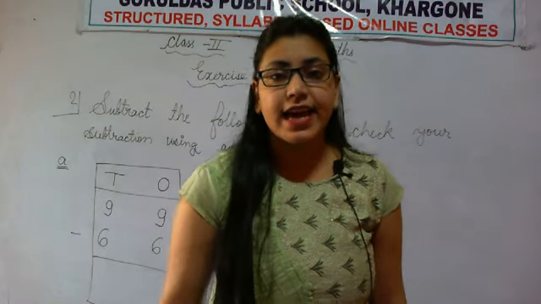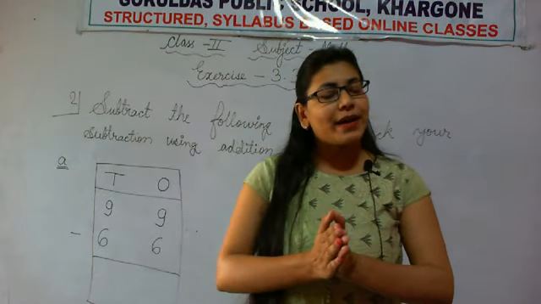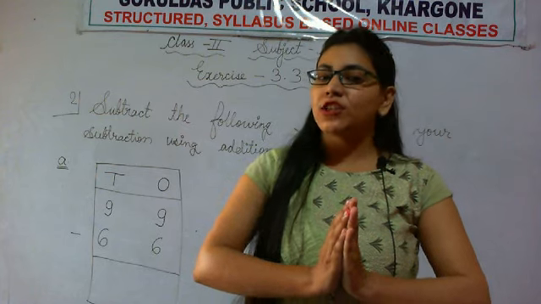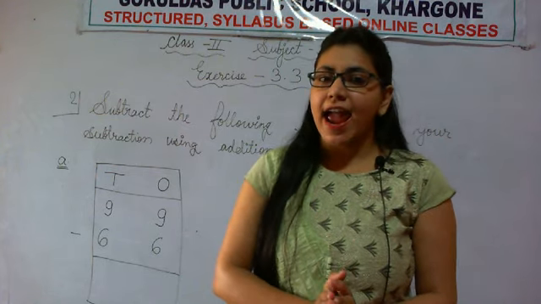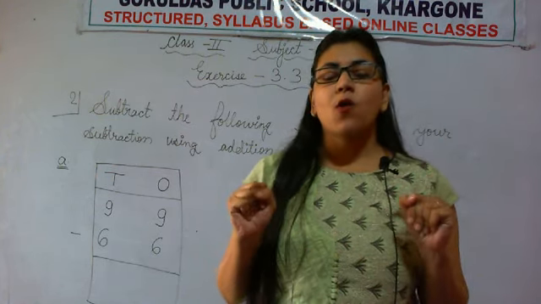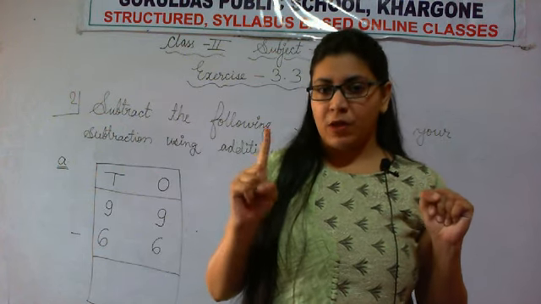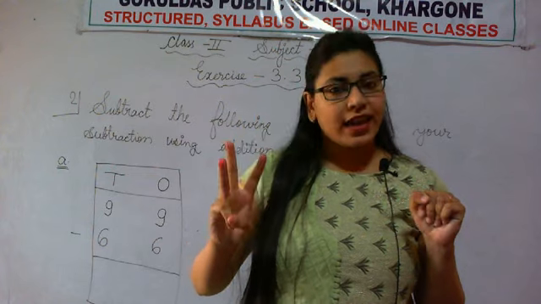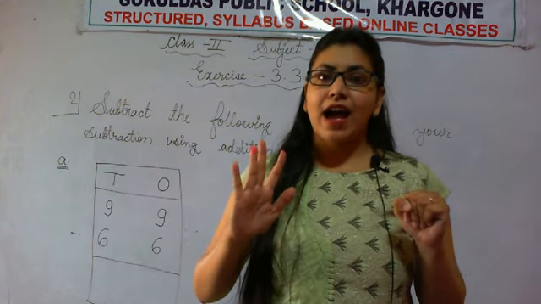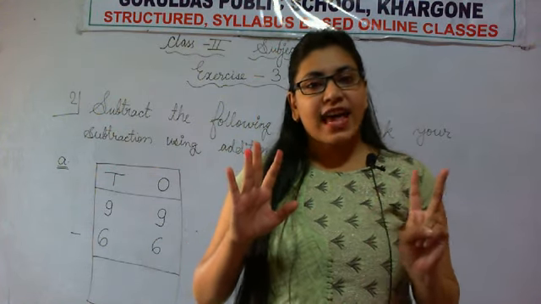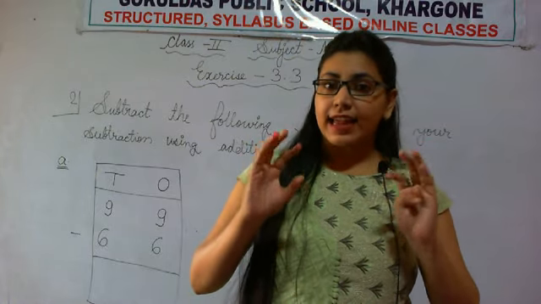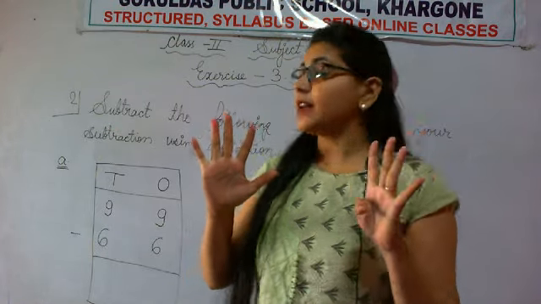First of all we'll open 9 fingers. Raise your hands. Now we'll count 9 fingers. Start counting with me. 1, 2, 3, 4, 5, 6, 7, 8, 9. 9 fingers we had open.